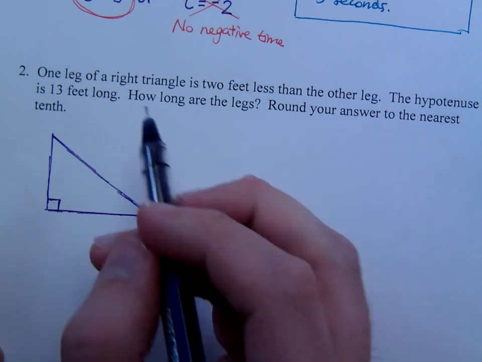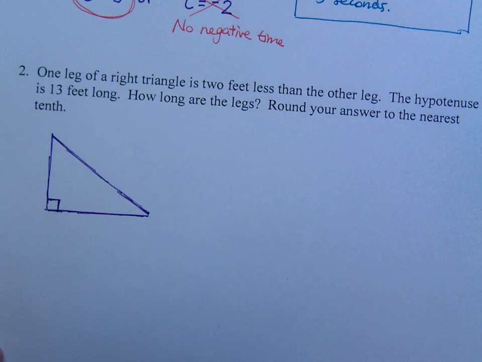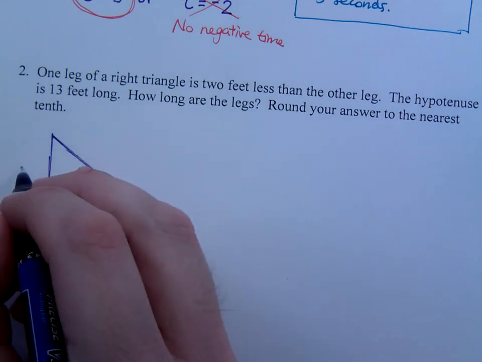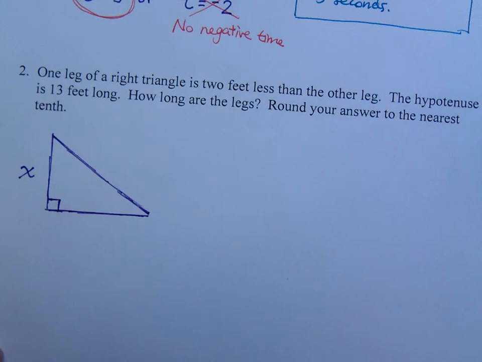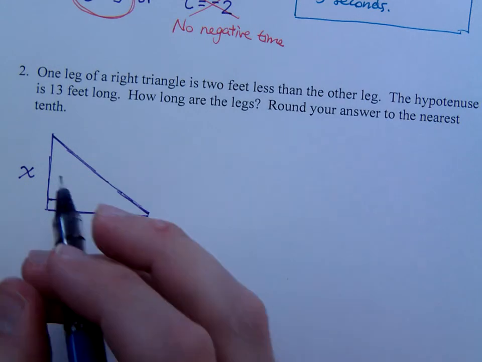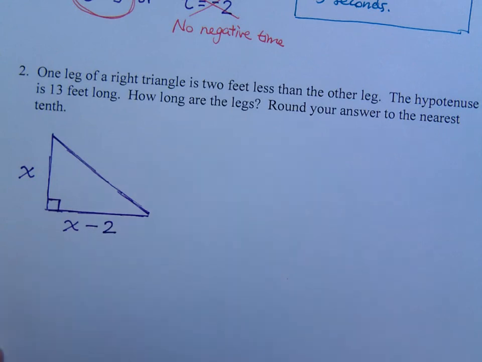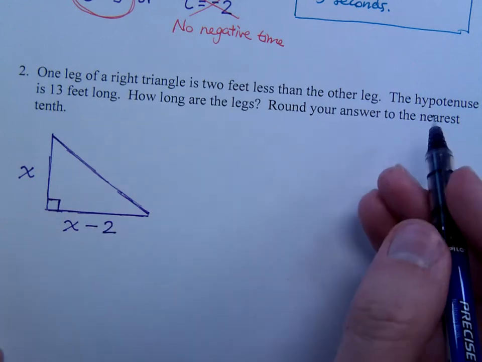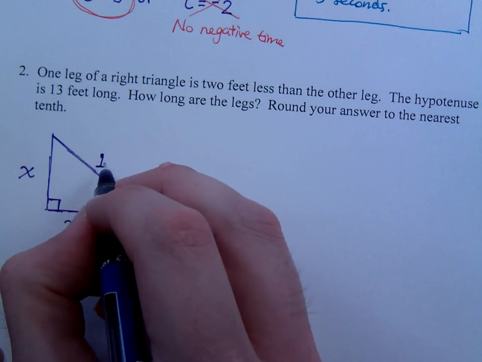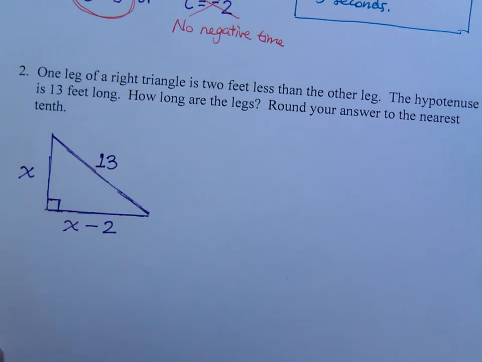So it says one leg of a right triangle is 2 feet less than the other leg. So if this guy is one leg, the other one is 2 feet less than that, so that means it's 2 feet shorter, so x minus 2. And the hypotenuse is 13 feet long.